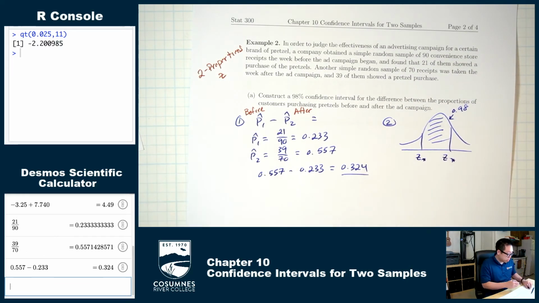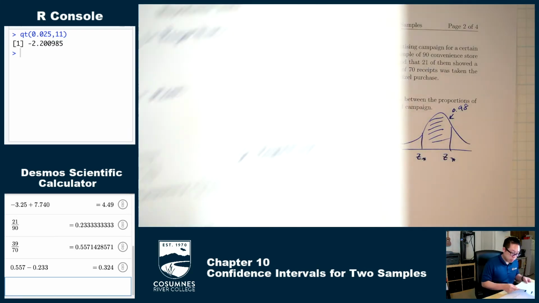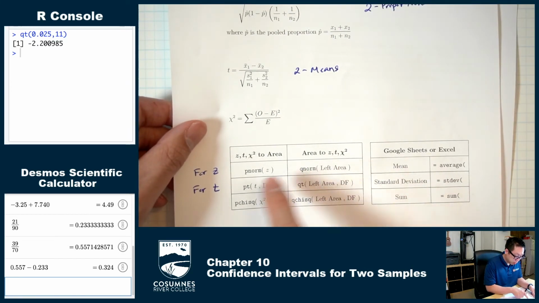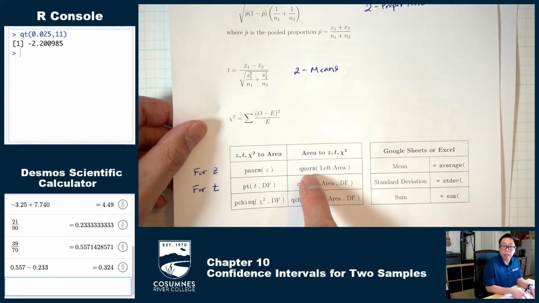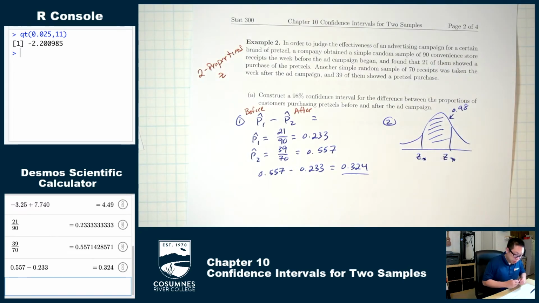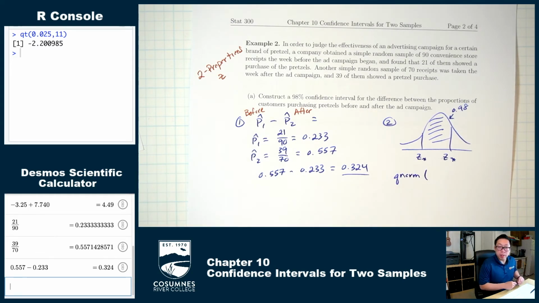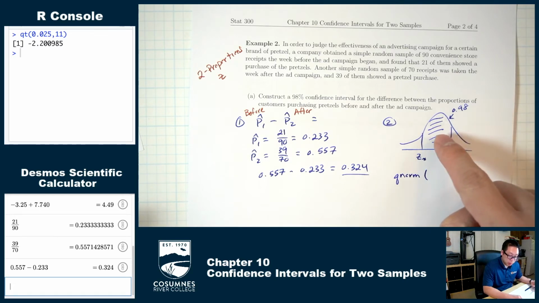If I go back to the front page of my formula sheet, this is really an area to Z question. Area to Z for the Z situation is qnorm, so we're going to qnorm the left area. Left area of this picture: 0.98 is the area in the middle.